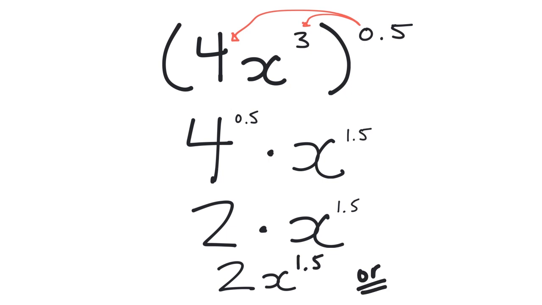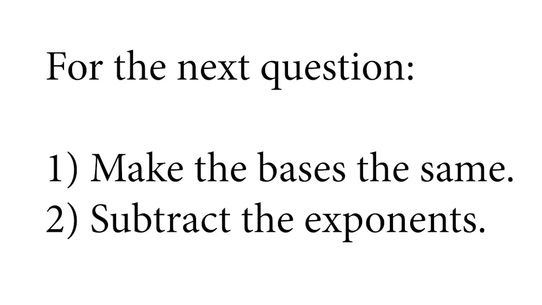Or we can also write this as 2 times x to the power of 3/2. So we're just taking 1.5 and putting it in fraction form. That's the only difference.